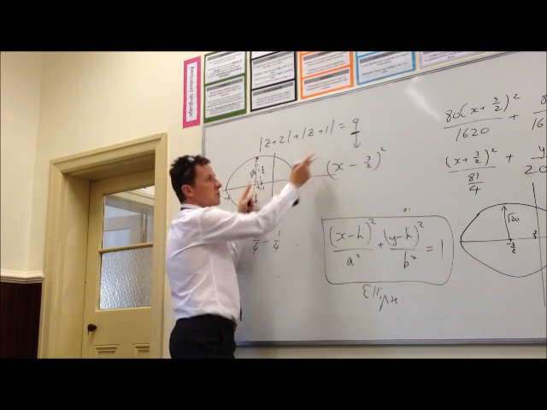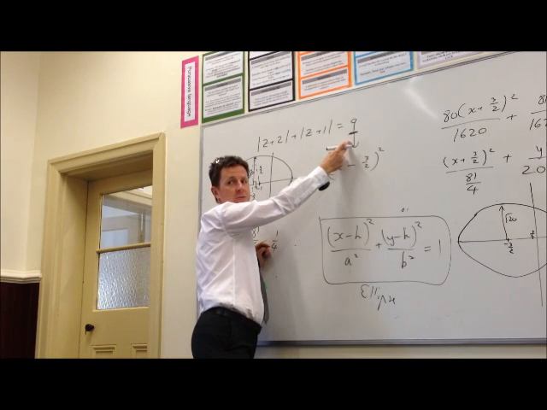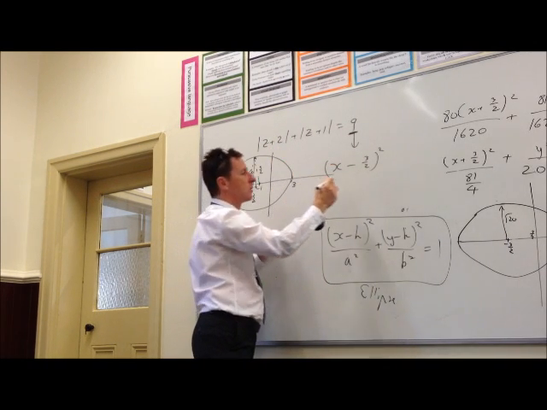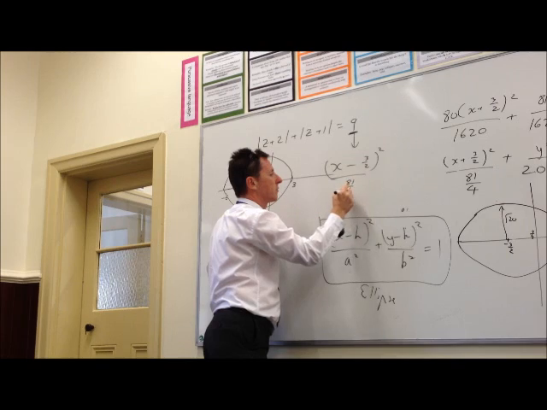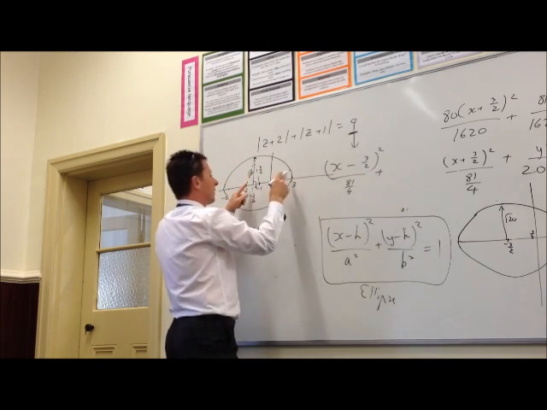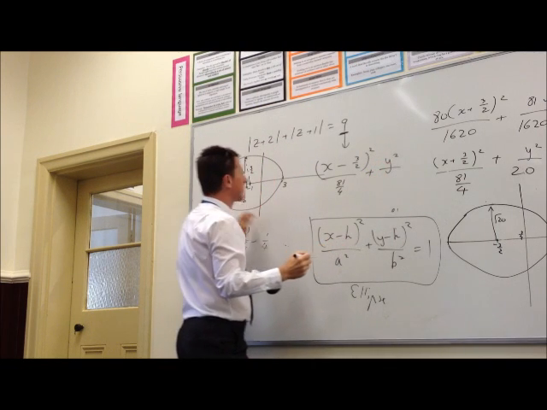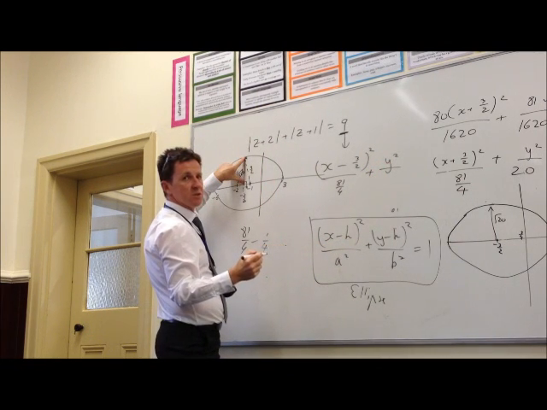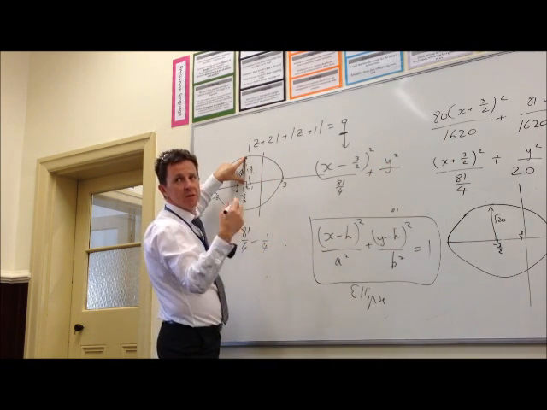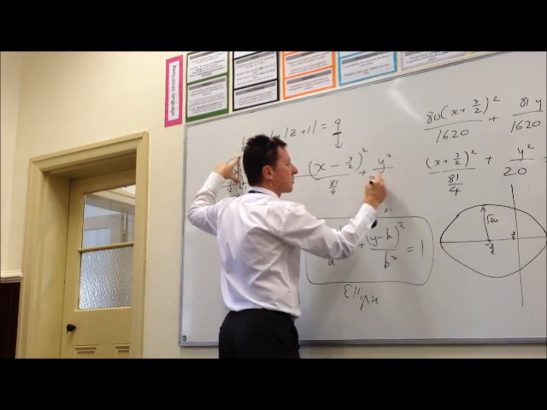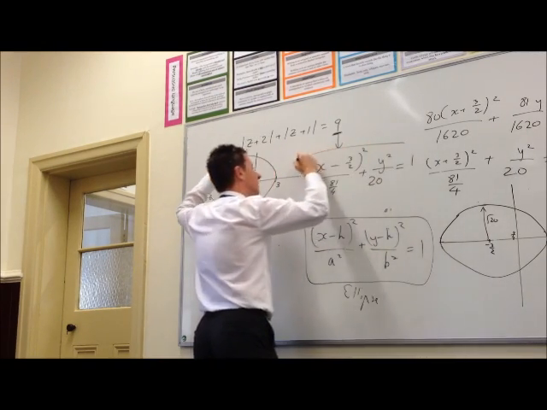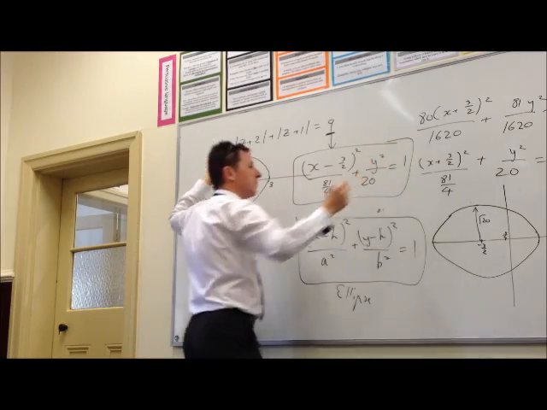What was my radius? 4.5, which is 9 on 2, which is 81 on 4. The y didn't move anywhere, so it's y squared. What was the distance? Square root 20, square that, get 20, equals 1. Move on to the next point.